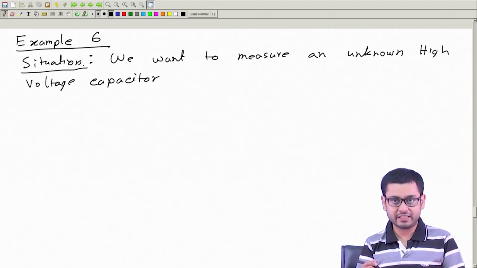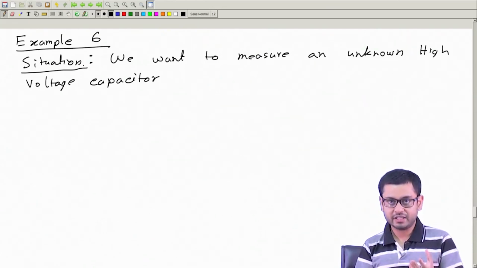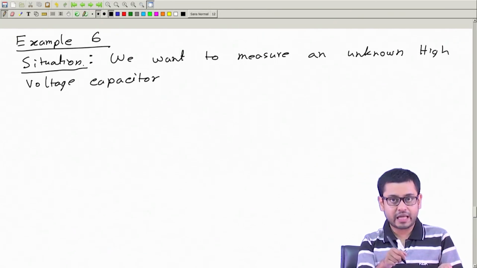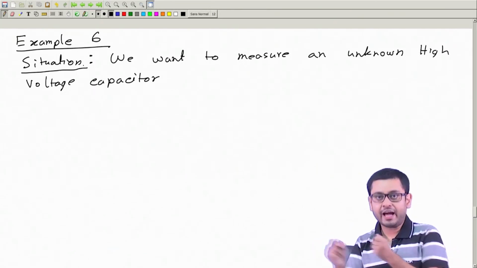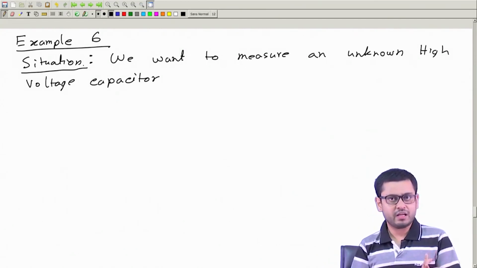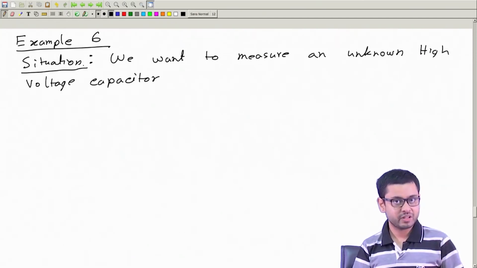We cannot measure the capacitor with a low voltage across it and get its RC values and say that this is the RC equivalent. No, because its performance will change when this capacitor is used under a high voltage stress in the real scenario, because simply speaking, under high voltage stress leakage current may increase. Okay. So, therefore, its performance will change.